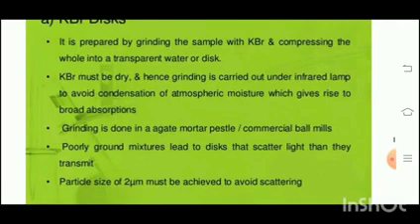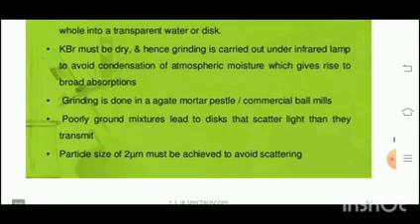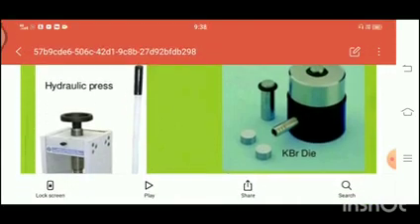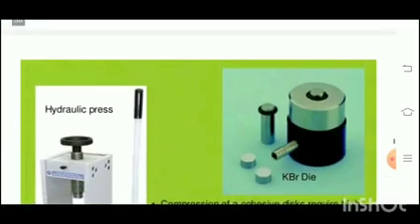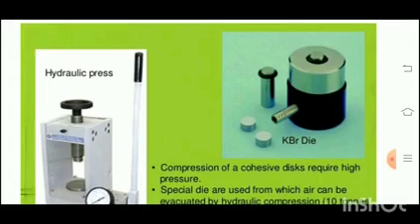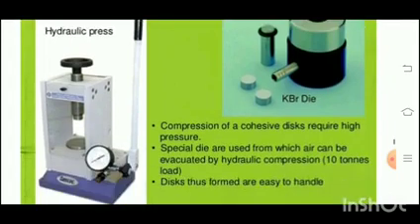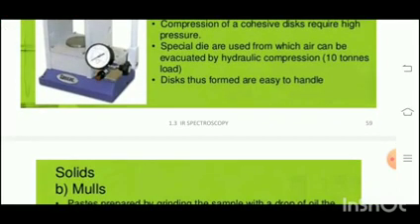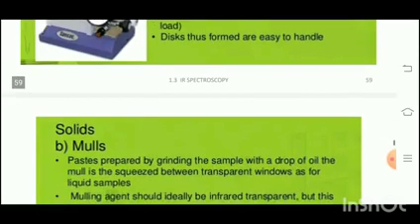The sample is thoroughly mixed with potassium bromide using a mortar and pestle, loaded into the hydraulic KBr die, and the die is kept in the hydraulic press and pressed to prepare the KBr discs. The KBr discs are loaded on the instrument, and IR radiation passes through them so you can analyze the samples.